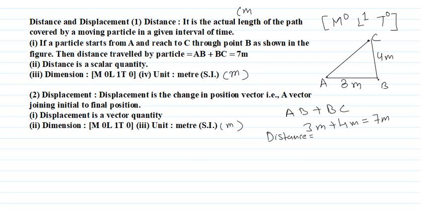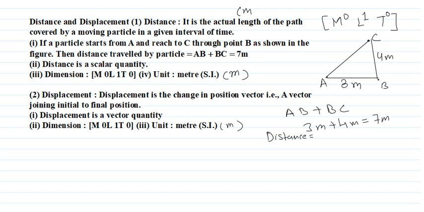Now we have discussed what the distance is. The distance covered by this person or object is 3 plus 4, 7 meter. But what will be the displacement covered by that person or object for this path? Basically displacement is just the change in position. It is a vector quantity. So displacement is the straight line between the initial position and the final position.